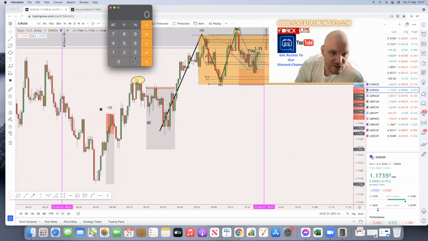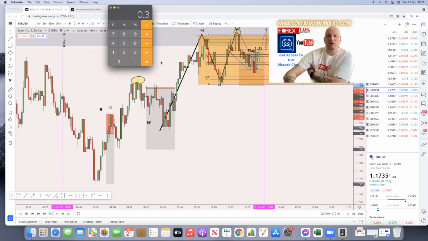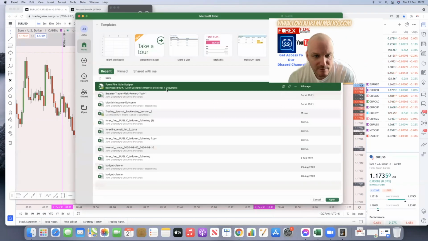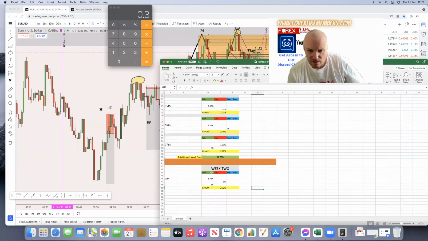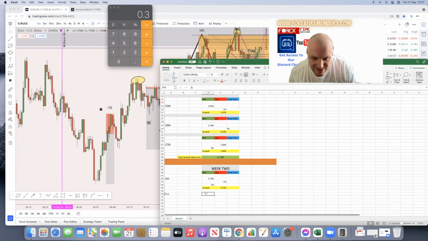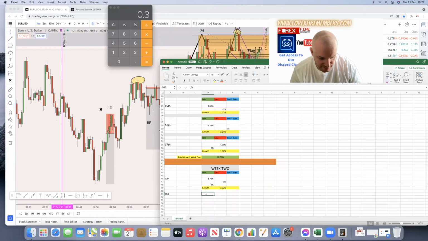Let's start from the beginning. So we had a -1, we had a break even, and then we had a plus 1.3. Okay, so there's a 0.3% of a growth there today. So let's take a look. 21st. So we had a -1%. We had a BE.